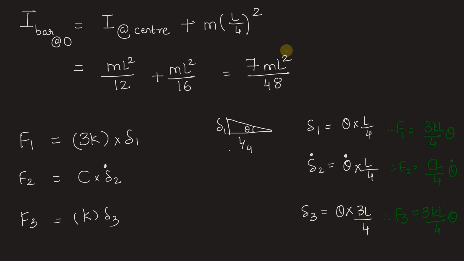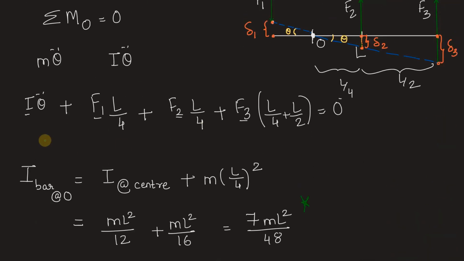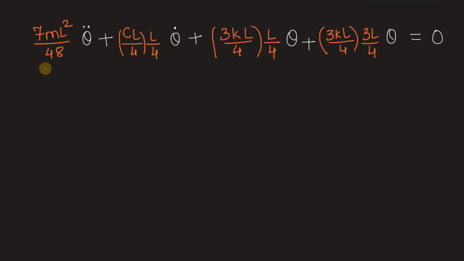So we have all our values. We have the I value, 7 ml square by 48, and F1, F2 and F3. We will use these values and substitute them in the equilibrium equation. Let's see what we get. So we have all these values after substituting I, F1, F2 and F3.